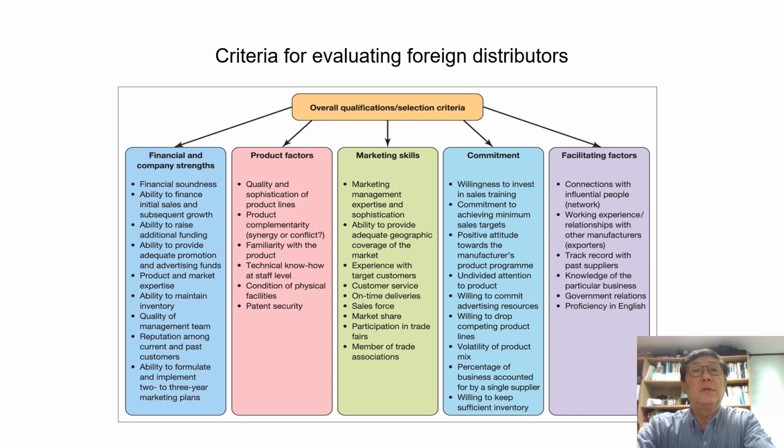So this one is more detailed: the criteria for evaluating foreign distributors. First is financial and company strengths, then product factors, marketing factors, commitment, and facilitating factors. Financial and company strengths means being financially sound, able to finance initial sales and subsequent growth, and able to raise additional funding.